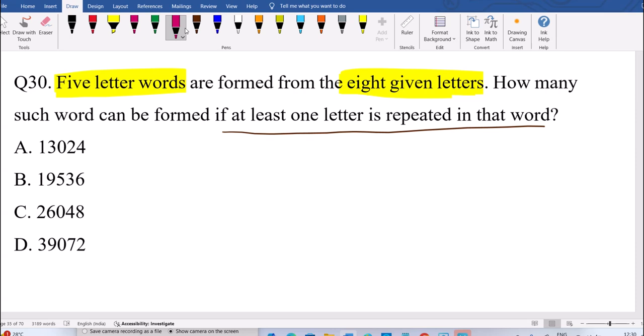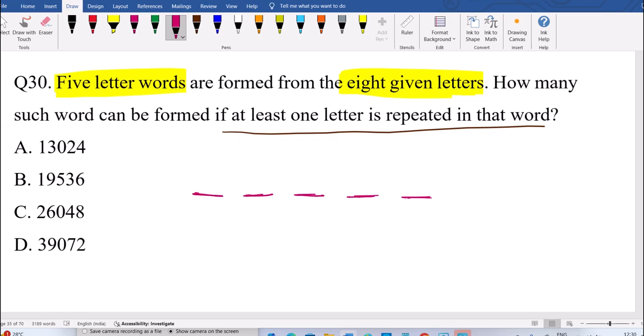So now, how can you solve this question? This takes time, a bit difficult, not too much. If you know the permutation combinations idea, then you can handle 5-letter words. So what you can do, I'll suggest: probability of success is 1 minus probability of failure.